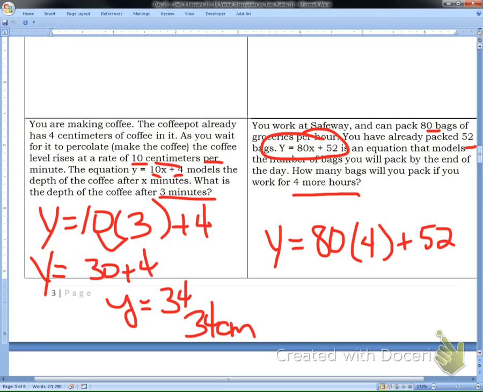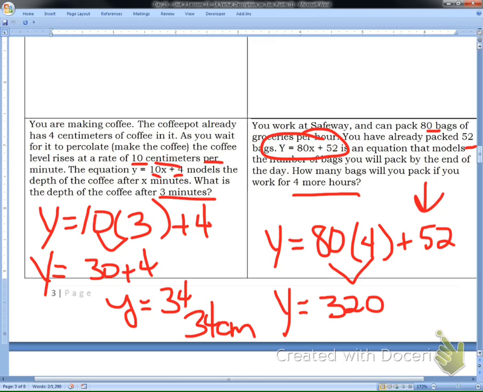Now if you're thinking that you're going to have to add this answer to something else later on, you don't. The bags you've already packed are already in this problem. That's that y-intercept. So the only thing you're doing is simplifying this expression. 80 times 4 is 320. I got that very easily, by the way, just by multiplying 8 times 4 and adding the 0 to that.